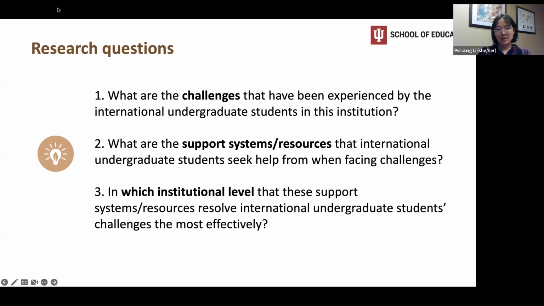So let me first read these questions, and then I could talk a little bit about how a researcher can generally arrive at forming these questions. First of all, I'm interested in knowing what challenges have been experienced by international undergraduate students in this institution. When forming a question, one way is to consider, for example, if I asked in the United States, that would definitely make it a much larger project.